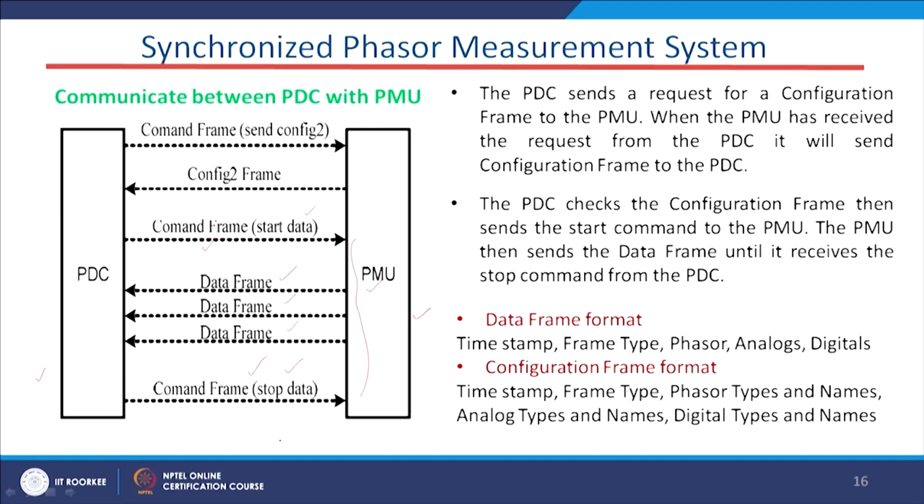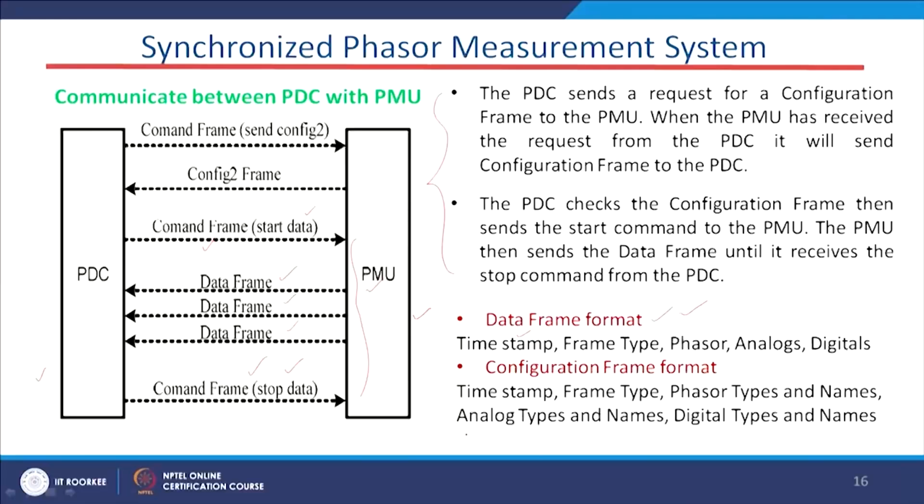This is the operational part I have just discussed: first the PDC sends one command to the PMU to send the data, after that the PMU sends data to the PDC, and again the PDC sends another command, stop data, and the PMU has to stop the data flow.